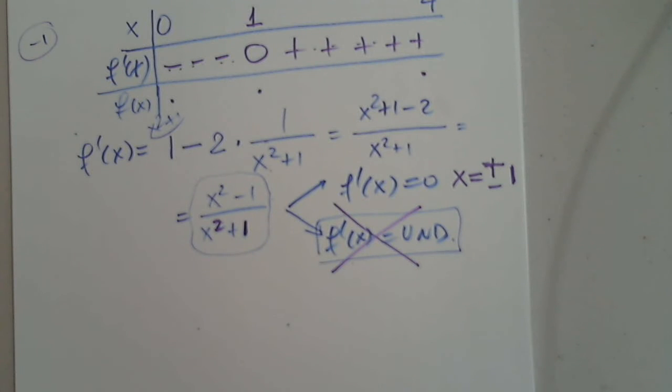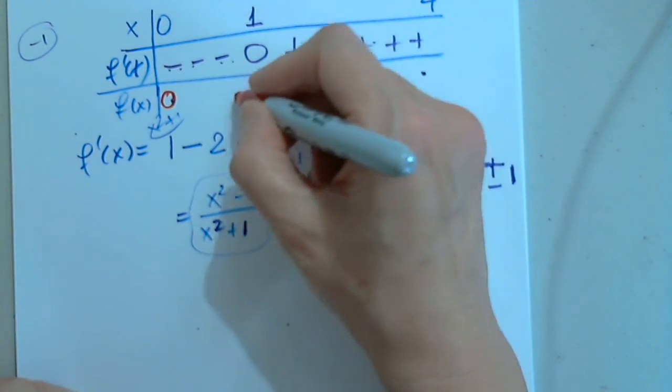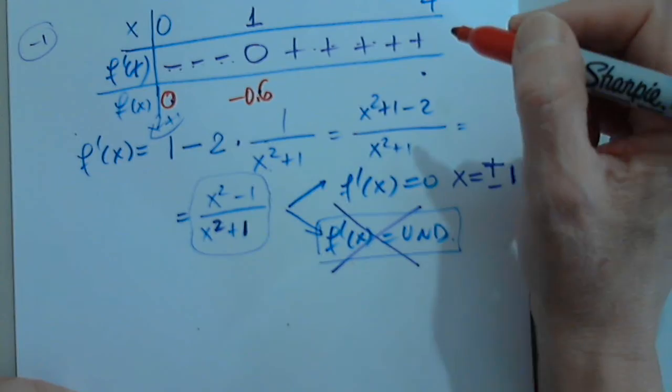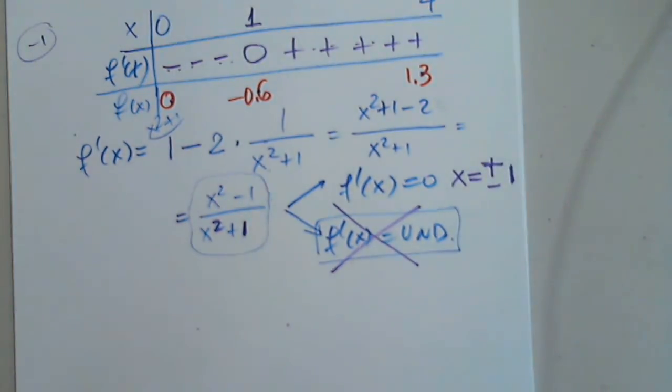It may automatically do it by itself. It does it. Very smart. Thank you, calculator. So for 0 it is 0. For 1 it is -0.6. For 4 it is 1.3.